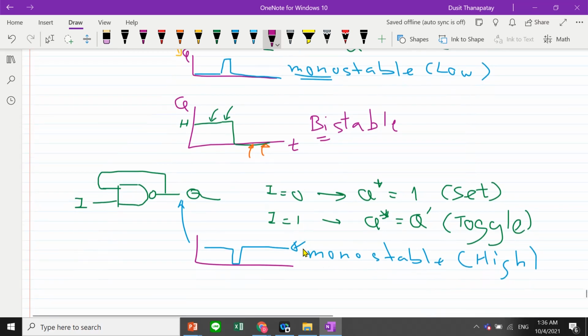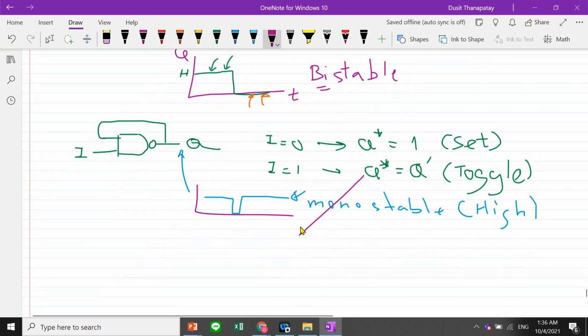And the last one, in this case, Q star is Q prime. If I write the timing diagram of Q, maybe you can write something like this. If the previous value is high, then when you invert it, it changes to low. When it becomes low, when you invert it, it changes to high.